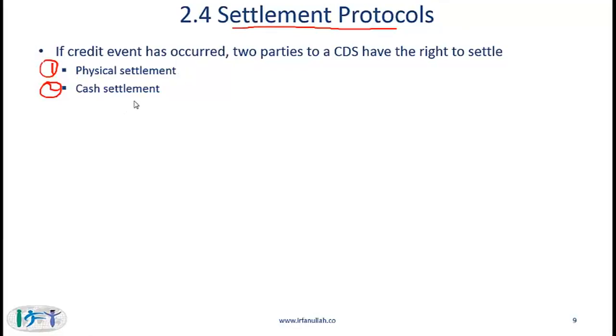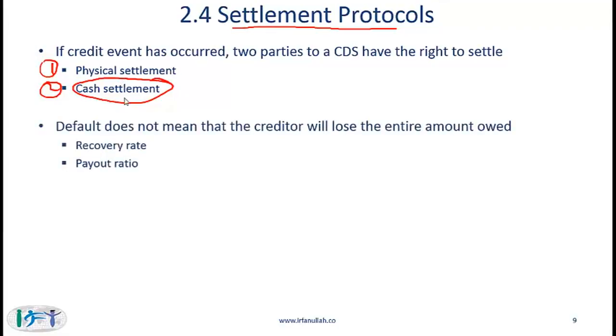With a cash settlement, we determine the loss of the protection buyer, and then the protection seller compensates the protection buyer for that loss. Cash settlement is much more common than physical settlement.